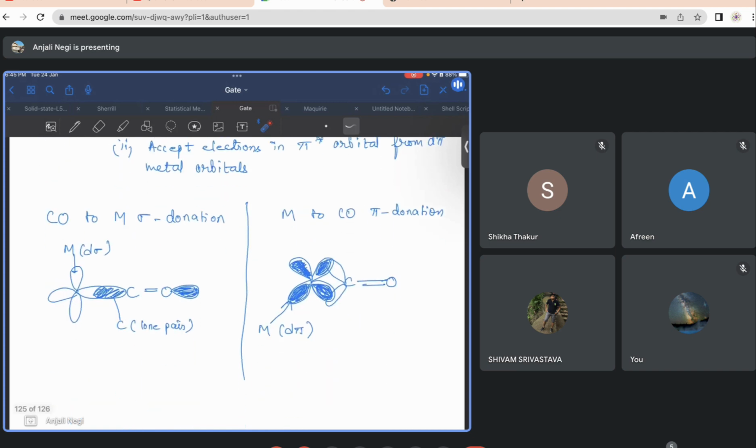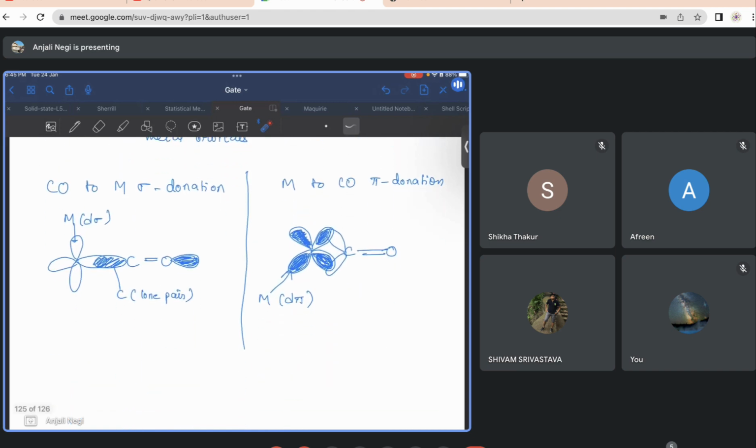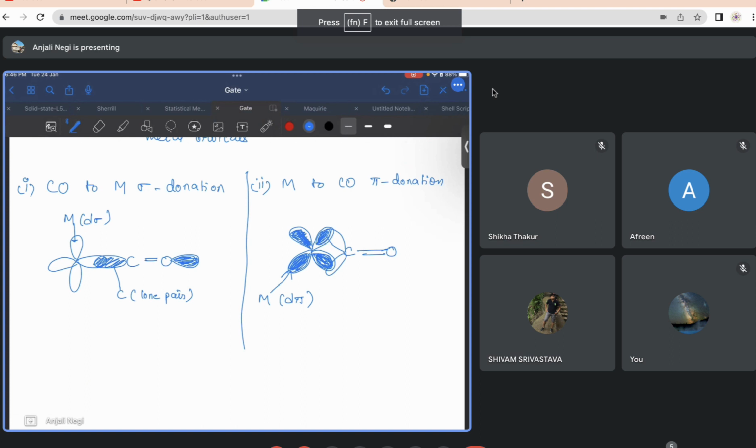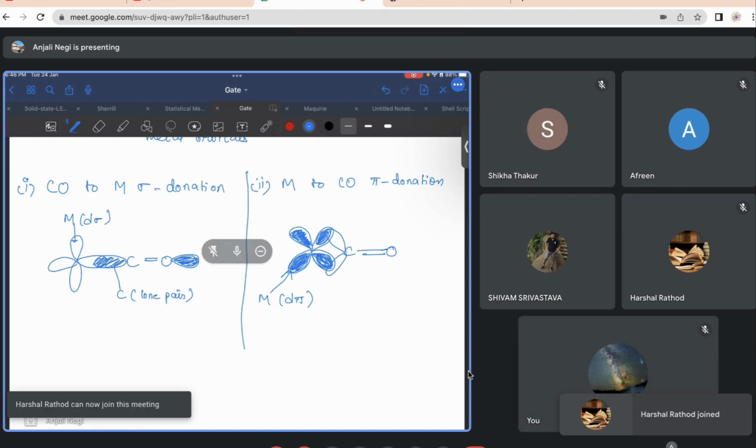Here I have shown in two diagrams the cases that I have just discussed. Case 1 is CO to metal sigma donation, and case 2 is metal to CO pi donation. In the CO to metal sigma donation, this is the carbon lone pair, and this is the oxygen lone pair, and these are the metal d sigma orbitals.